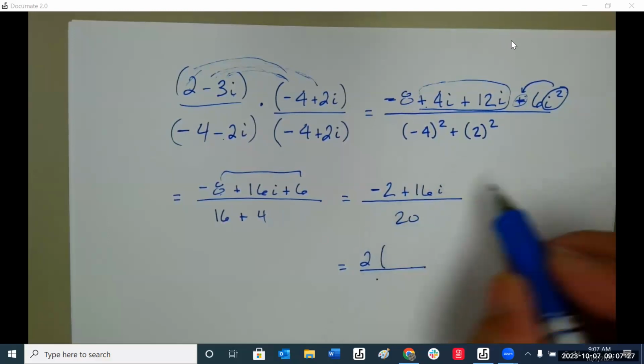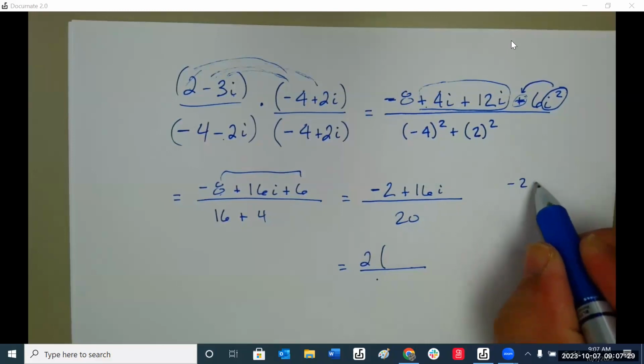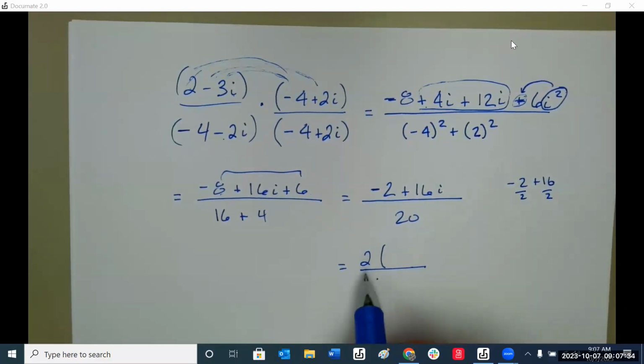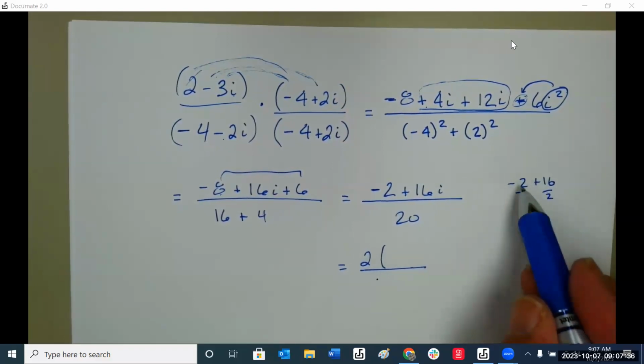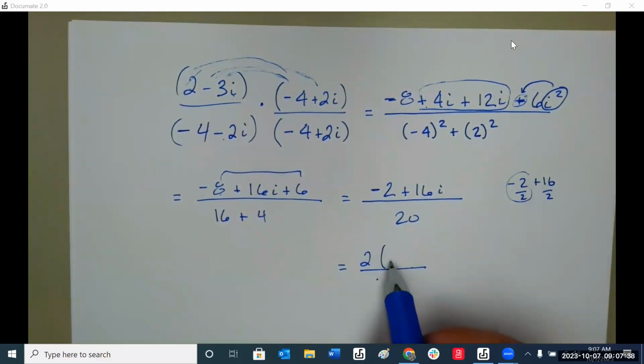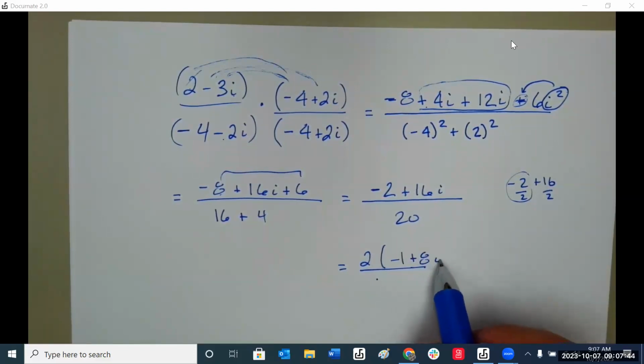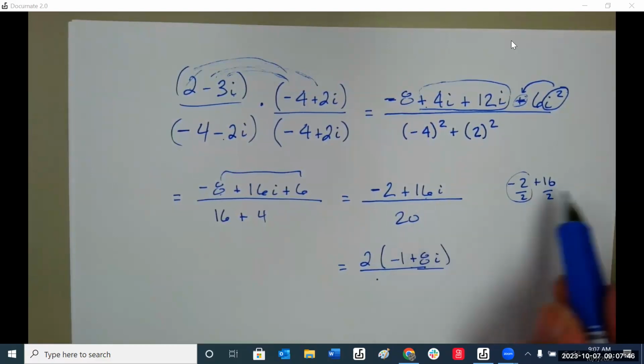So if I took both of those numbers and divided each one of them by 2, because I took out the 2, I would have -1 plus 8i, because 16 is 2 times 8.